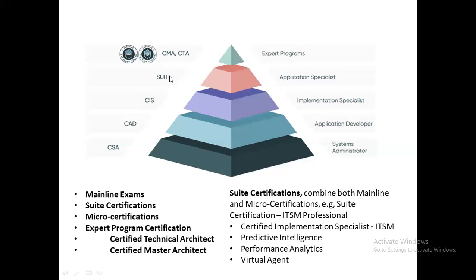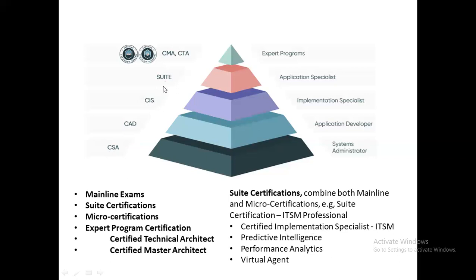I'll give you an example. If you were to apply for the ServiceNow ITSM Professional Suite certification, then you have to do Certified Implementation Specialist ITSM. As I said, all of these exams are for a particular product, except CSA, which is not for any product.